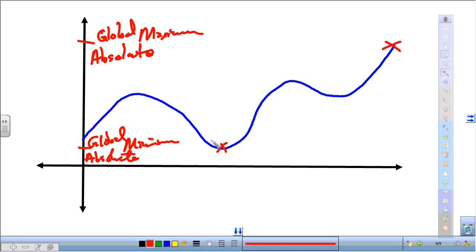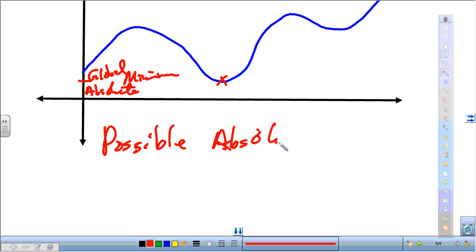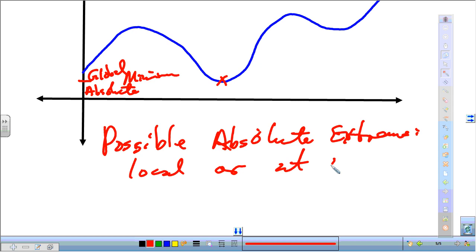So the possibilities would be a local, so it would already be tagged as a peak or a valley in the picture, and we would pick the highest peak or the lowest valley.